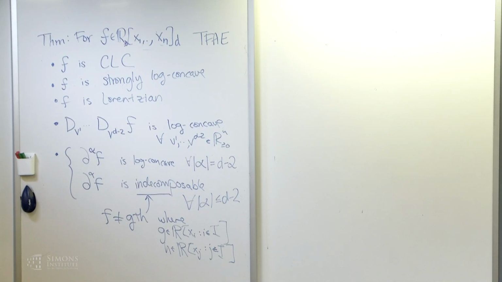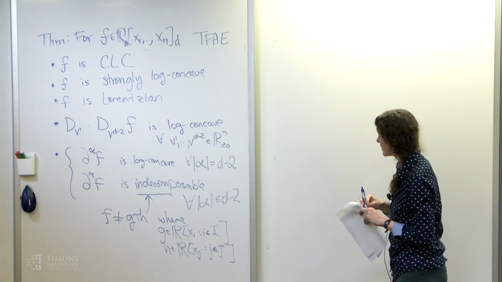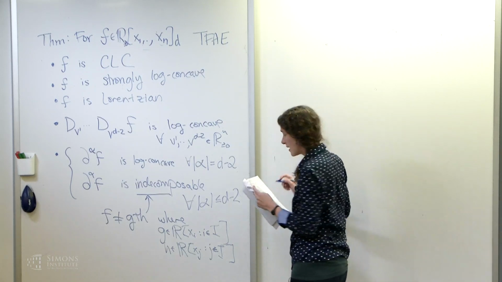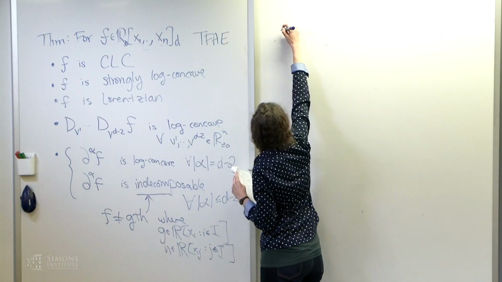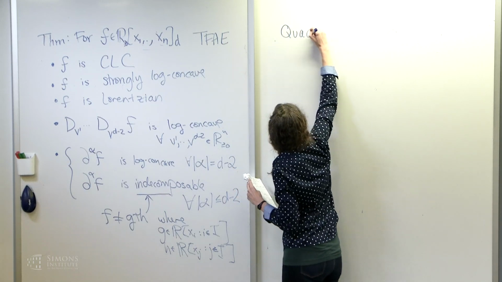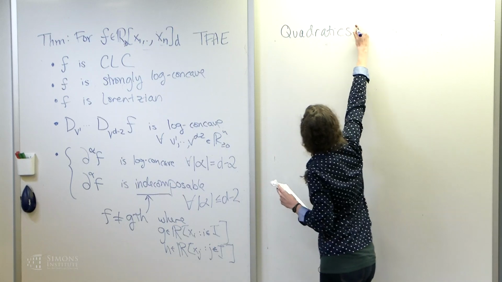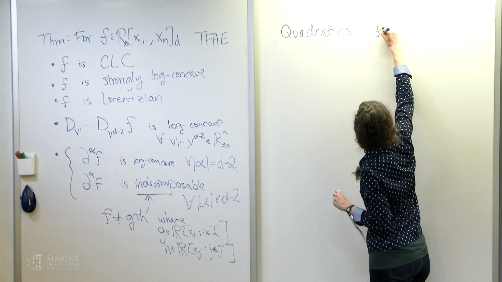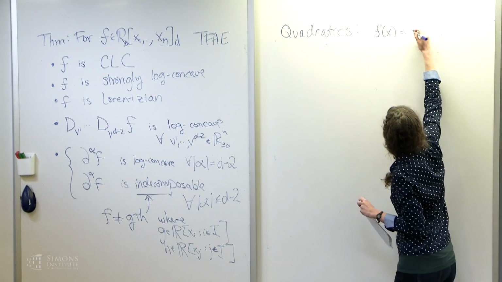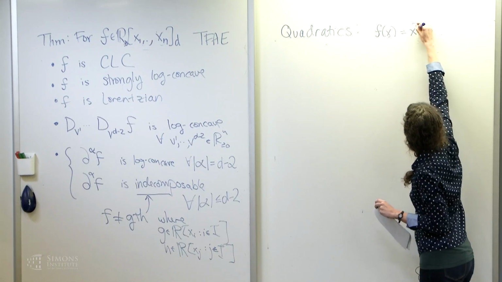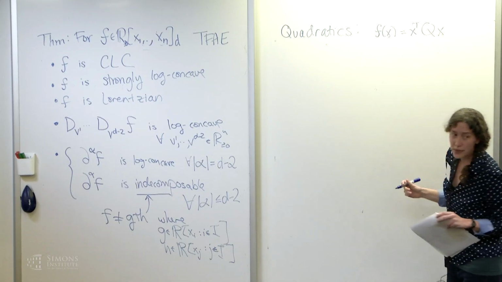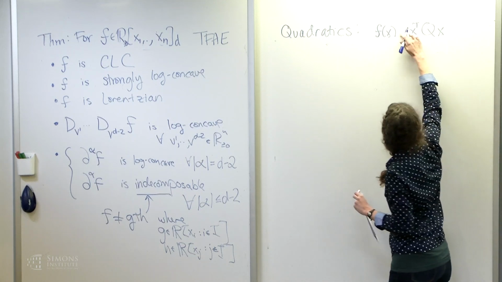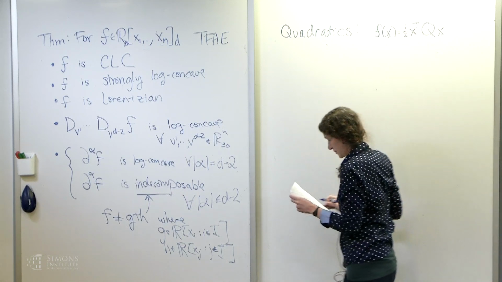So I want to go through a few interesting cases, and the first, just like we saw earlier today, is to think about quadratics. If I have some polynomial in n variables that's quadratic, I can write it with a real symmetric matrix, maybe with a half for x.